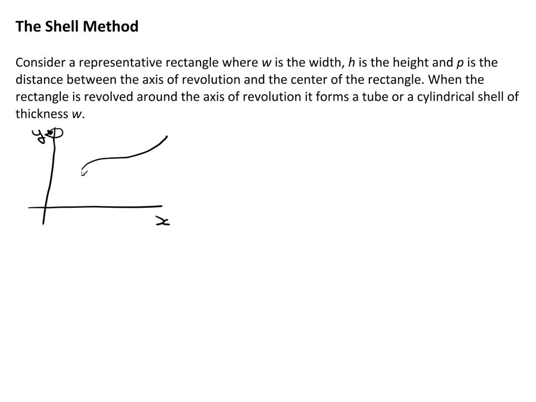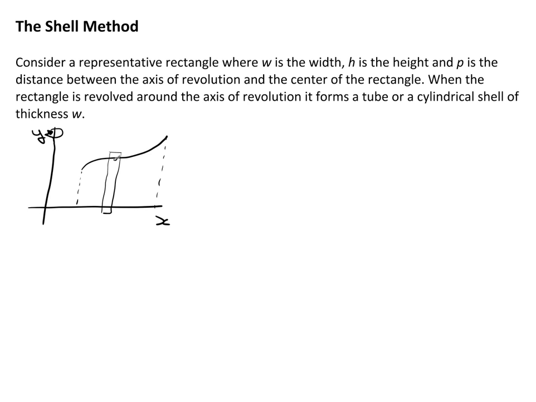Now when it goes around the y-axis, I can look at this as breaking it down into pieces, and each piece can be a rectangle. If I think of a rectangle slicing this right here, then this little piece is really nothing more than the rectangle going all the way around this axis of revolution, the y-axis in this case.